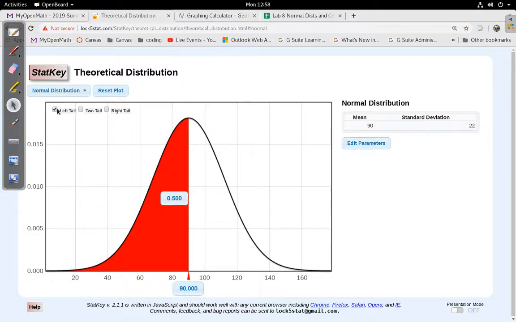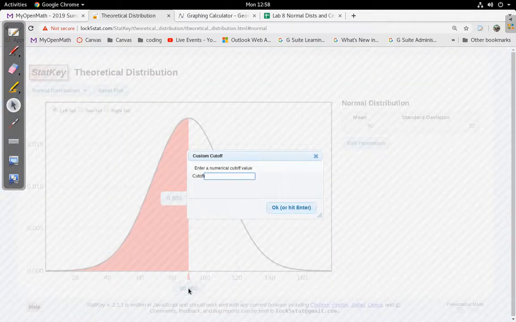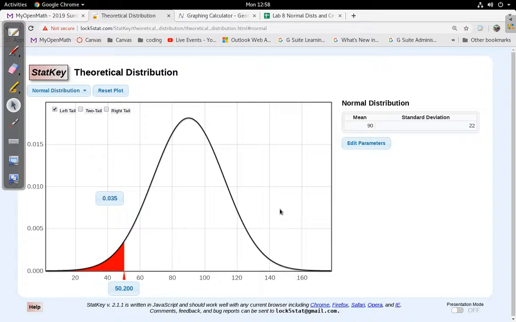Next thing we need to do is a left tail, because that's a percentile, with this child's score, which was 50.2 words per minute on average. And that puts them in about the 3rd or 4th percentile. Notice they get a probability of 0.035, which is 3.5%. So we'll call it about the 4th percentile.